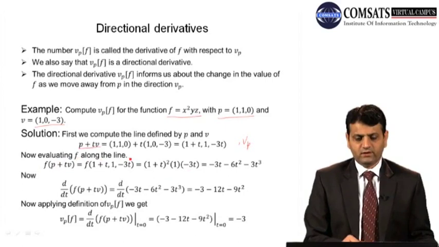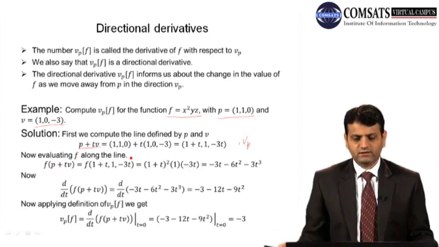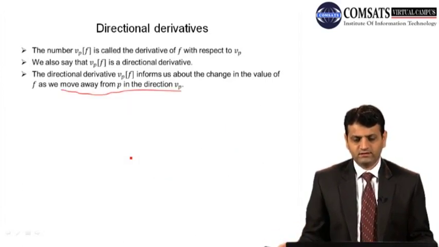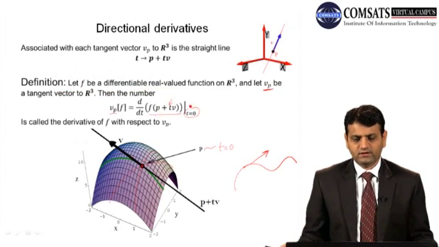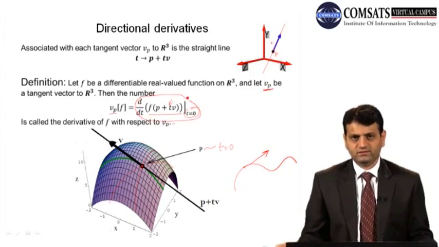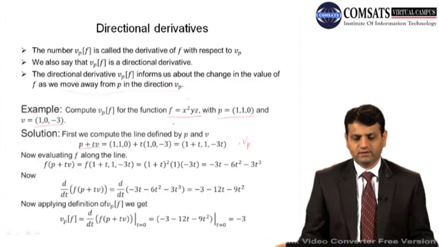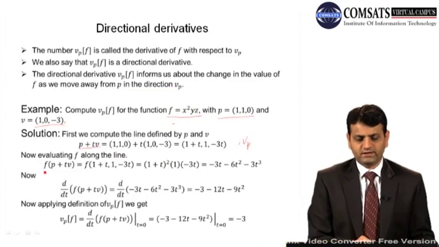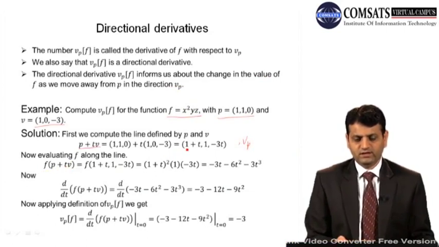Now we evaluate f along the line. Why are we evaluating it? Let's go back one slide. We are evaluating it because we need f of p plus tv according to the definition of the directional derivative. So what is p plus tv? It's 1 plus t, 1, minus 3t. So it means f of 1 plus t, 1, minus 3t.